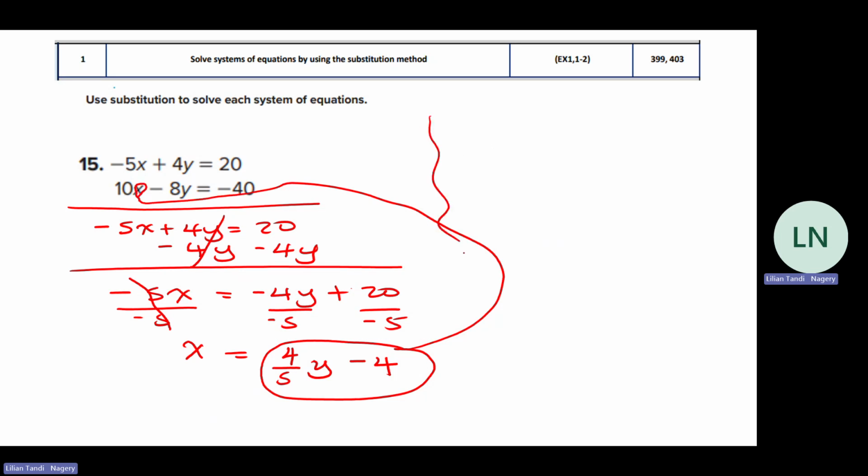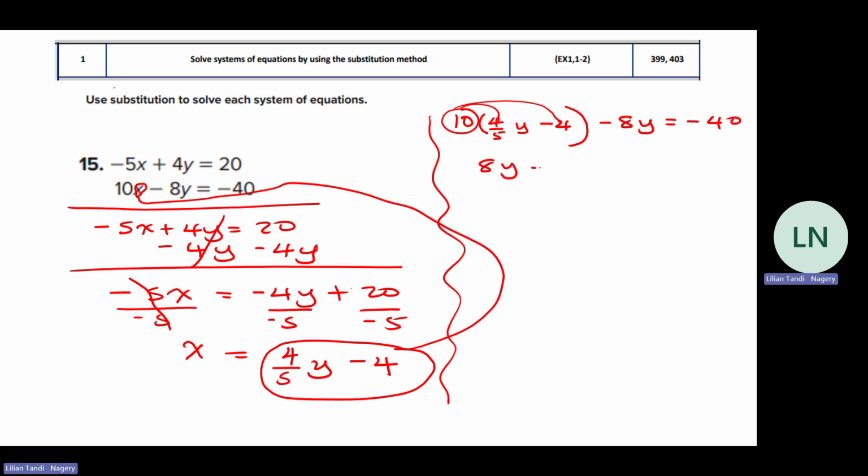Now I'm going to take this and replace it here. So I'm going to have 10(4 over 5 y minus 4) minus 8y equals negative 40. I will distribute positive 10. That will be 8y minus 40 minus 8y equals negative 40.